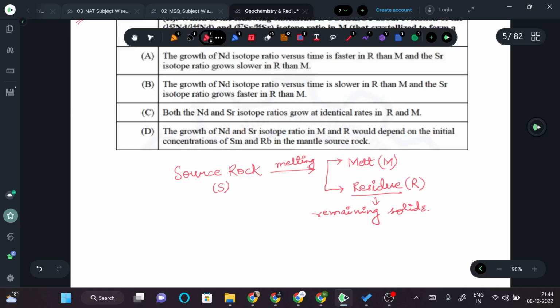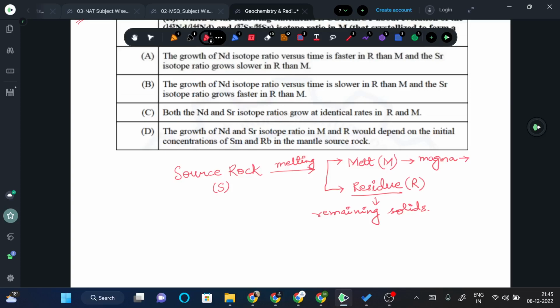Now this M, the melt that has been formed from this source rock upon melting, is responsible for the formation of magma. This melt itself forms a part of magma, which in turn crystallizes to form a rock.